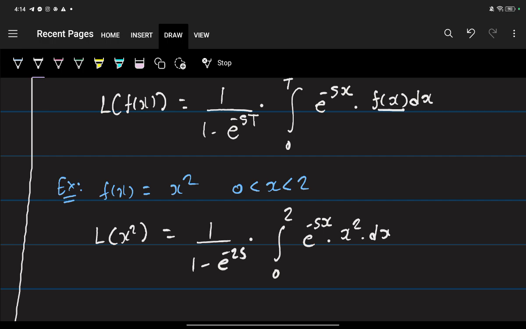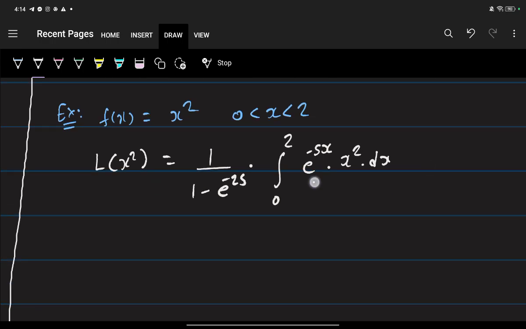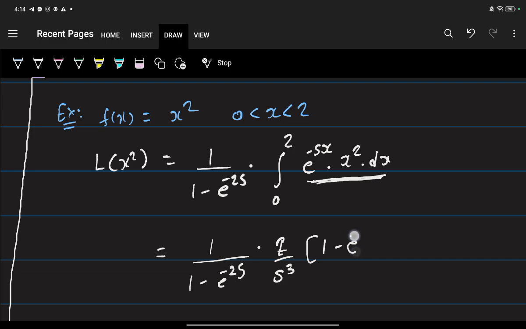I'm leaving this integration to you, and it is probably good if you memorize this integration, because it will be really helpful. I'm directly writing the answer, you can match it: 1 by 1 minus e raised to minus 2s, times 1 plus 2s plus 2s square, that will be the answer.